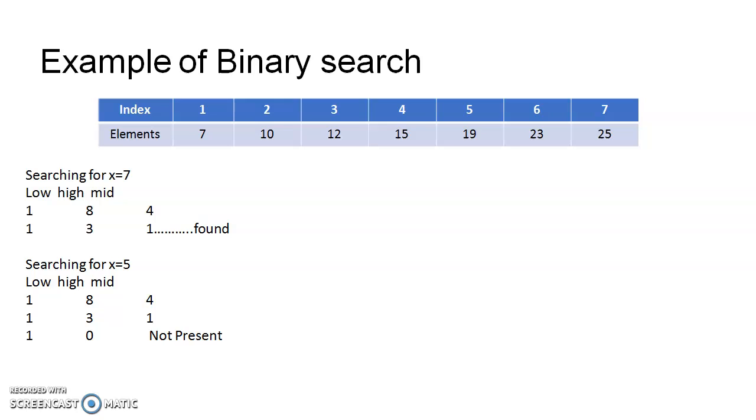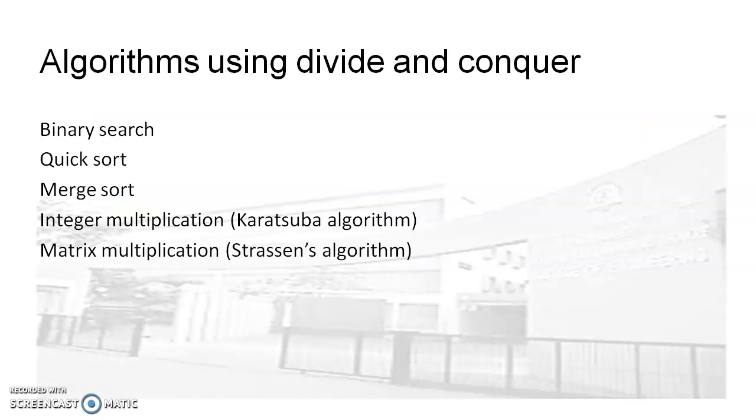We again repeatedly apply divide and conquer strategy and find the middle element, that is 7. Again 5 is less than 7, so we have to search in the left half of the list, but there is no left half present because the list has been exhausted. So we conclude that the element is not present in the list. So that is the binary search being applied with the divide and conquer strategy.